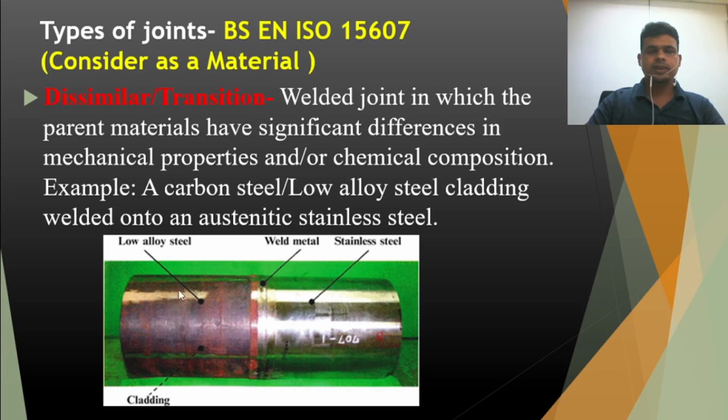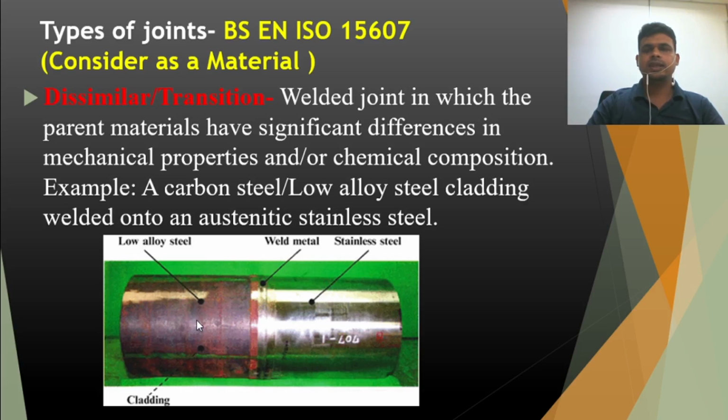For example, this is carbon steel, low alloy steel or carbon steel, then this one you can see stainless steel. So the weld metal will be different. If the two parent metals have significantly different mechanical properties or chemical composition, this is called the dissimilar or transition.